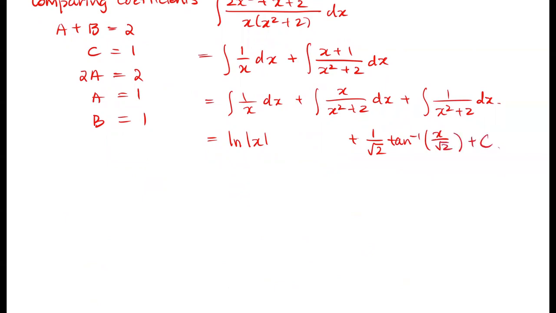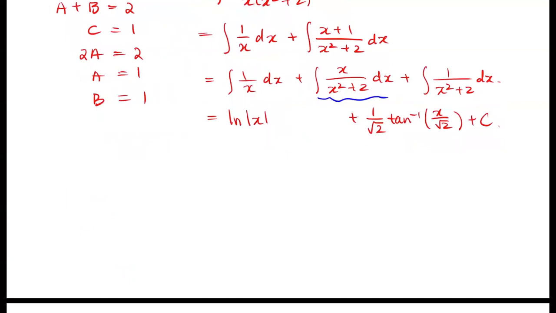As for the second integral here, we're going to be using some substitution. So remember that if we let u equal x squared plus 2, then du is 2x dx. So that means x dx is going to be half of du, and the denominator is going to be u. So the integral of that is going to be ln of u.